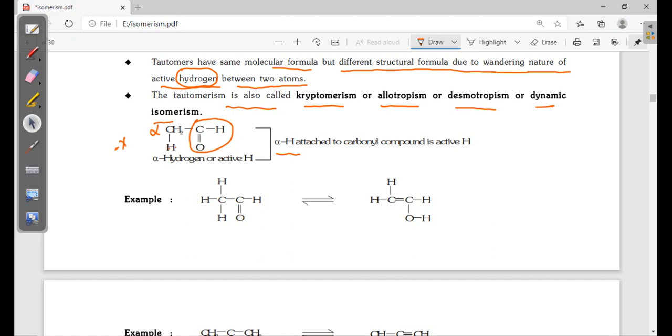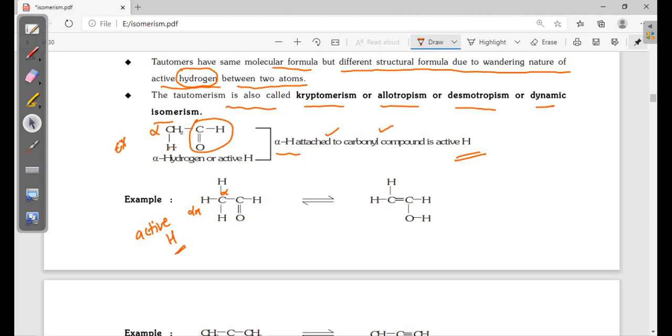Alpha hydrogen attached to a carbonyl compound is active hydrogen. So here this is the alpha carbon, these are alpha hydrogens, and this alpha hydrogen is also known as active hydrogen. Now here migration takes place.